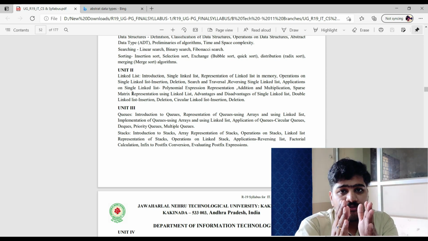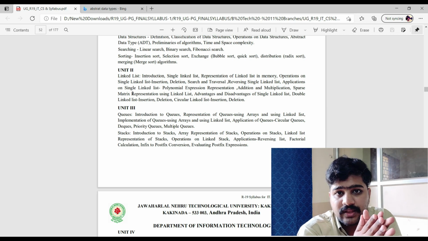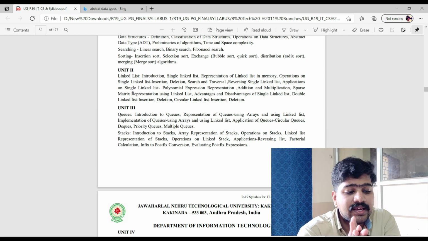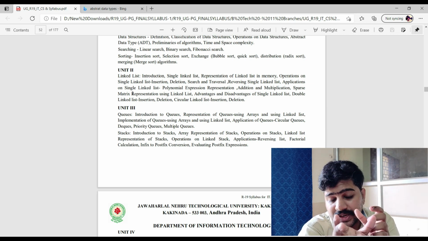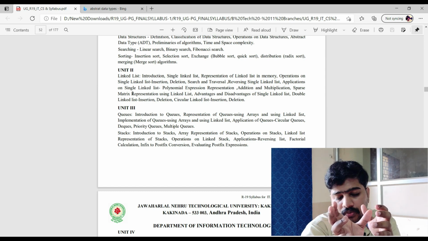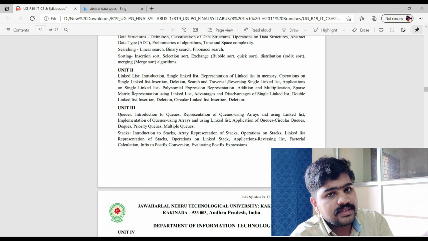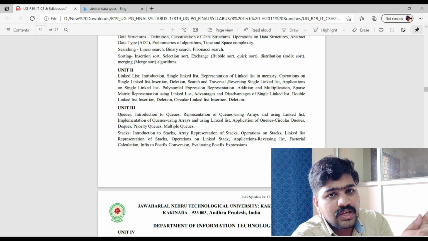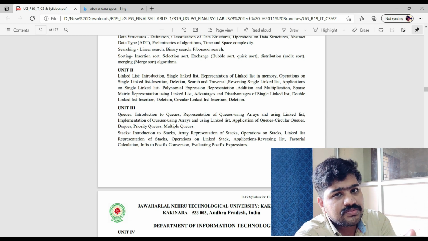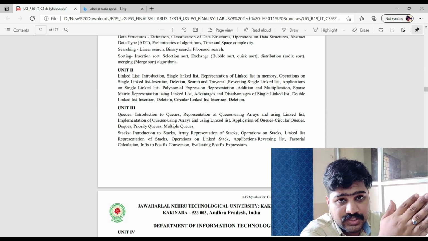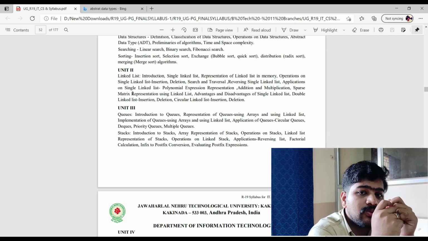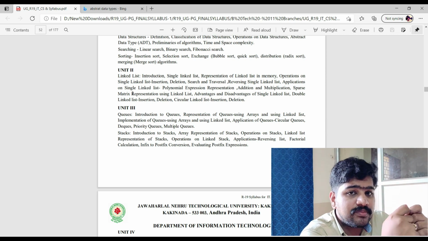If you have a question on stacks and queues, they will give a few literals, like 10 numbers, and they will ask you to insert the first two and remove the most recent literal, then insert again, and then remove again. Like that they will ask in the question paper. So you need to understand how to attempt that one.